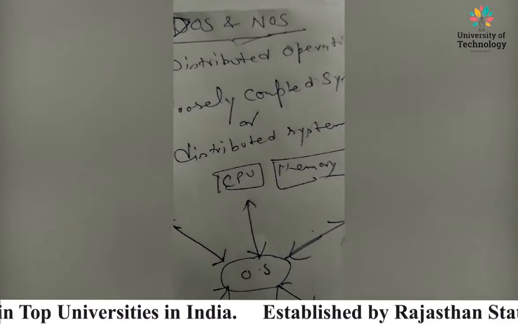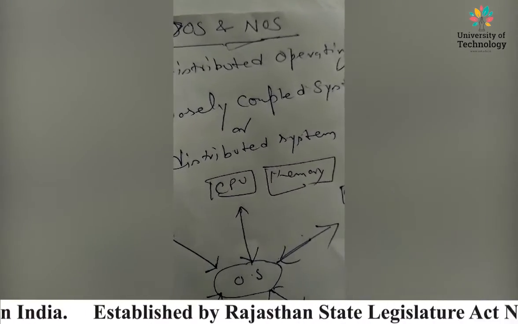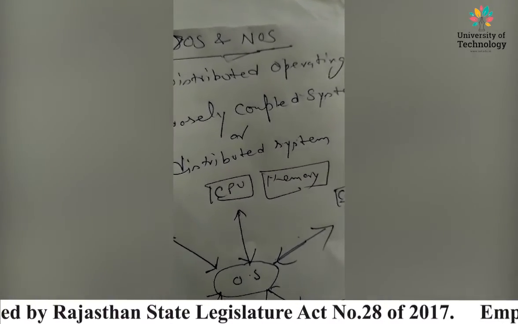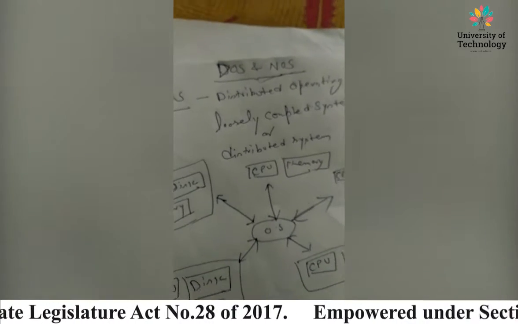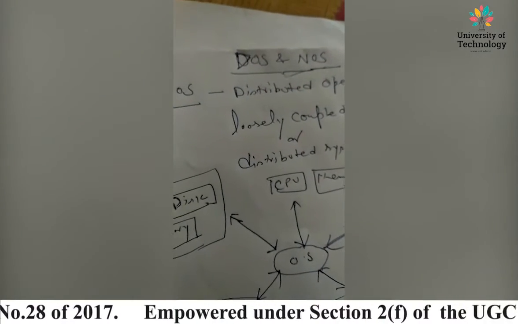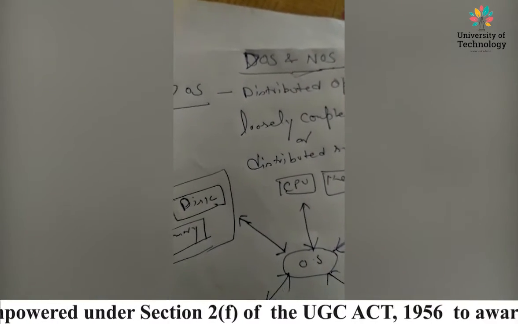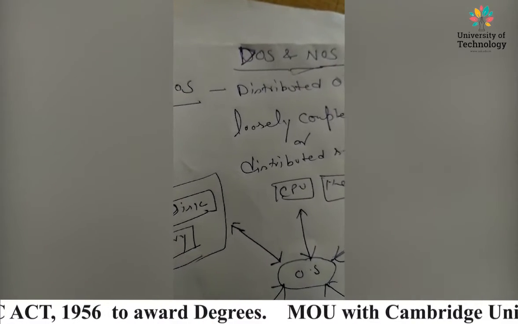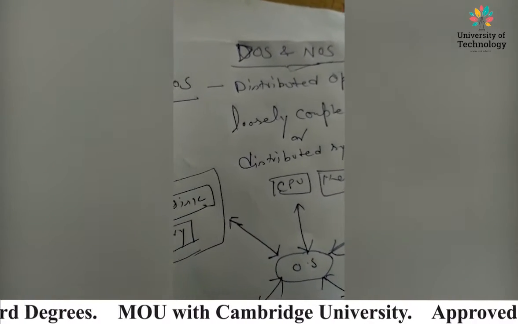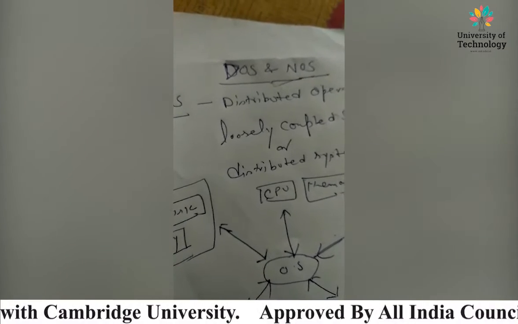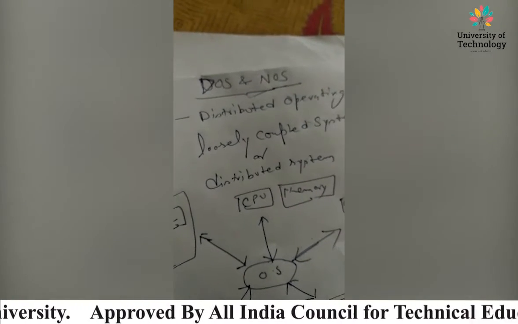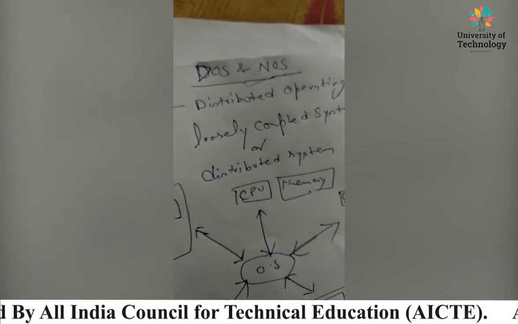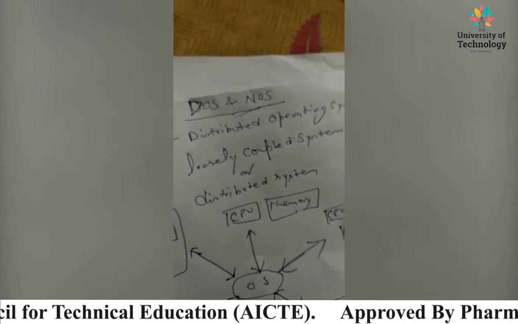Third, since resources are being shared, computation is highly fast and durable. Next, load on host computers reduces. Next, these systems are easily scalable as many systems can be easily added to the network. Next, delay in data processing reduces. These are the advantages of distributed operating system.